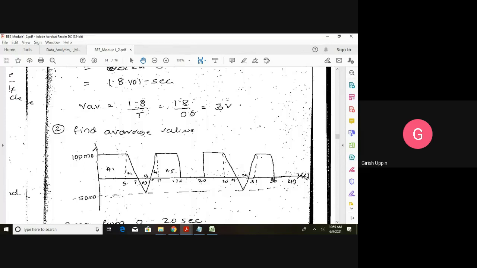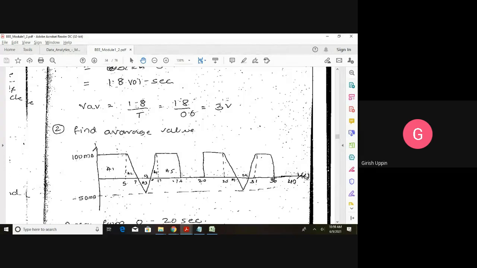Then it will keep on increasing, up to this is 9 and this is 12. So in the next 3 seconds, it will increase and reach 100 milliamperes. Then for the next 5 seconds, it will be 100 milliamperes.